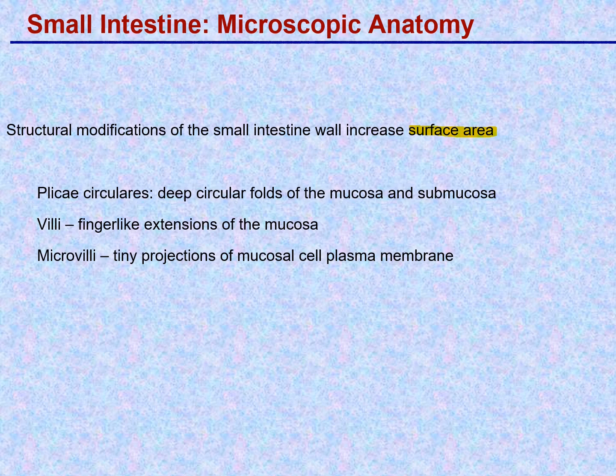For all of those building blocks which are now ready for absorption, to be absorbed, they get absorbed across the wall of the small intestine. A lot of that's occurring in the duodenum.